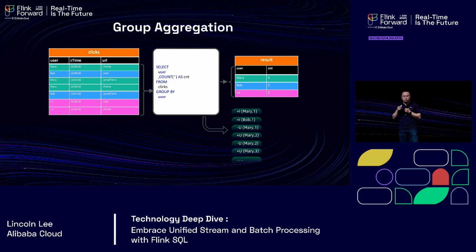In this style, we can imagine this calculation will be triggered for every input record. So it can provide second-level real-time results. This is very useful in something like real-time analytics or detection results.